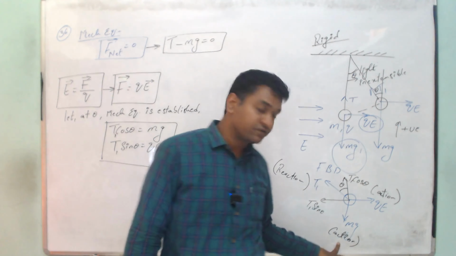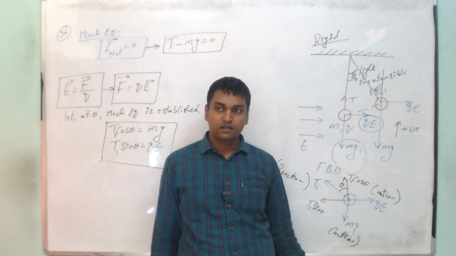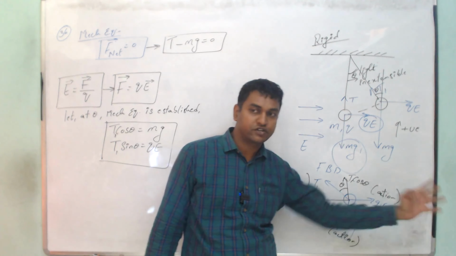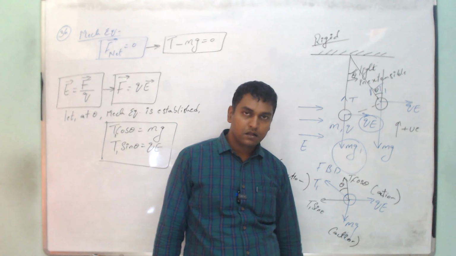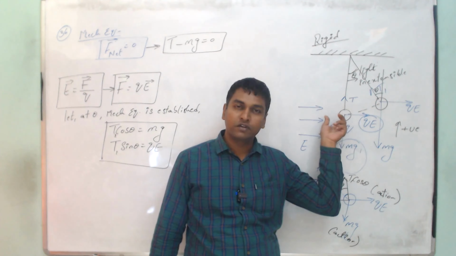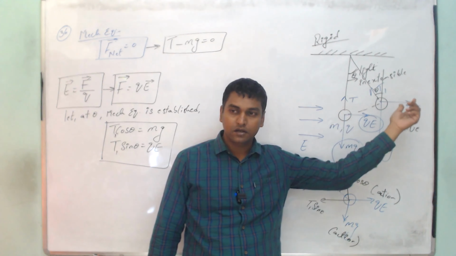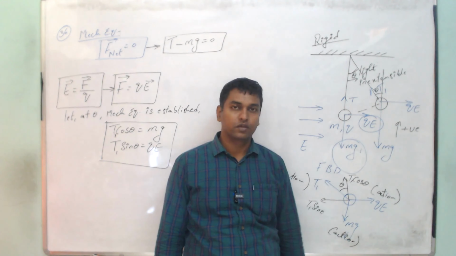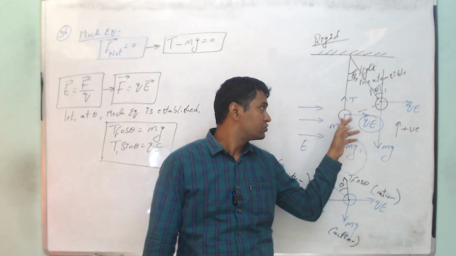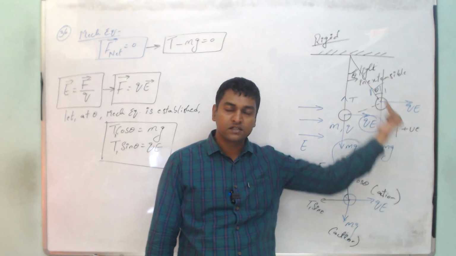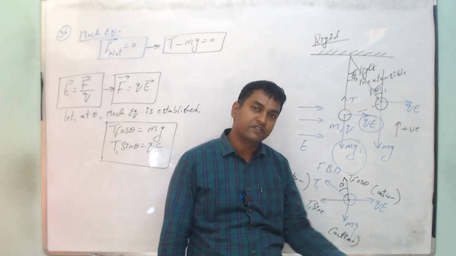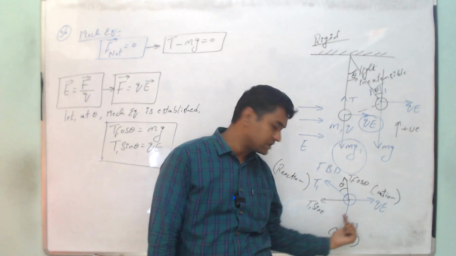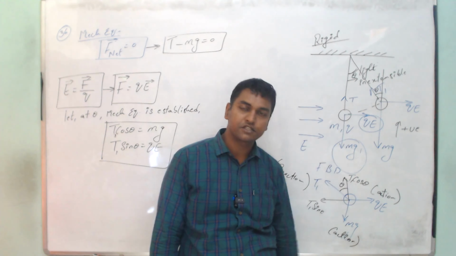There is an action force gravity, there is an action force electrostatic. Okay, do you agree that this ball will go from here to here? Yes. Okay, if the ball is going from here to here, do you agree the string is in this direction? Yes. If the string is in that direction, that means the tension force will also be in that direction.